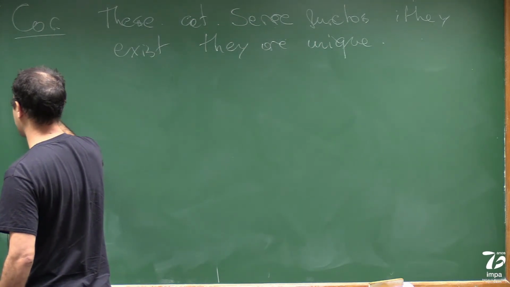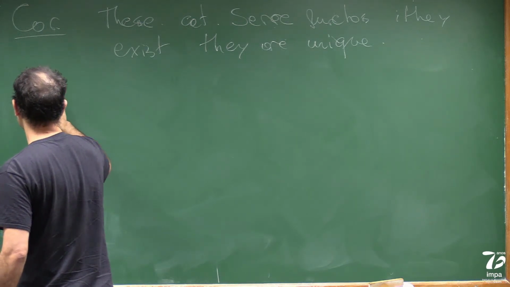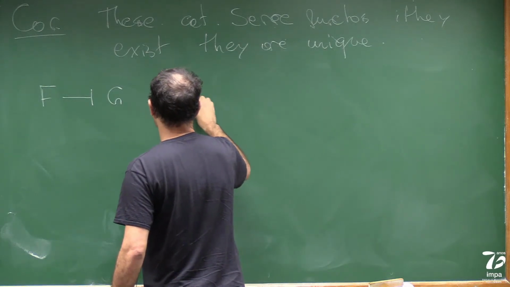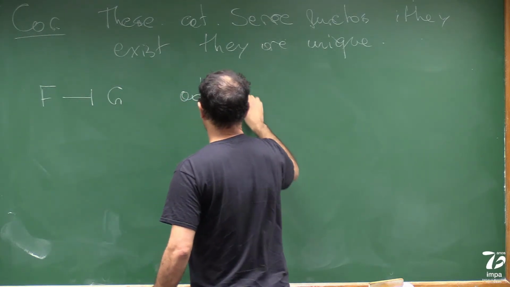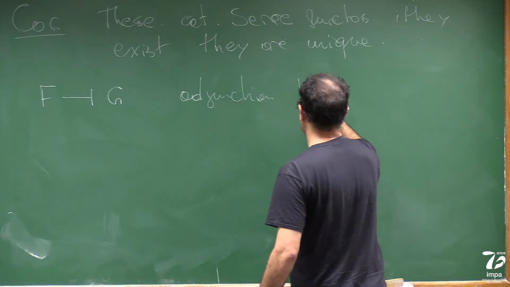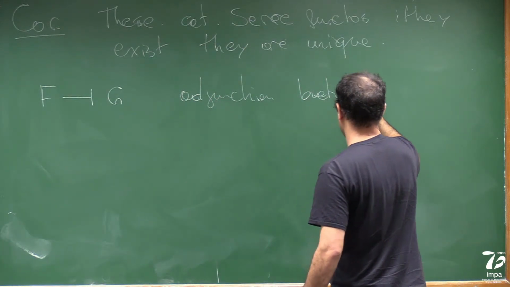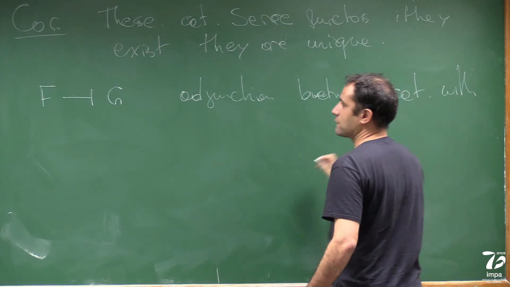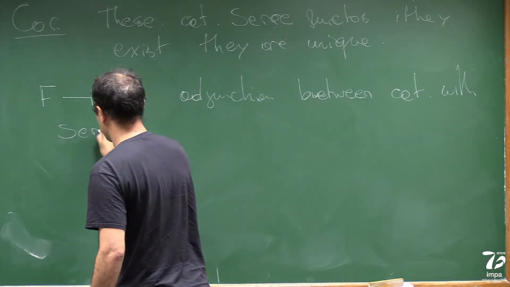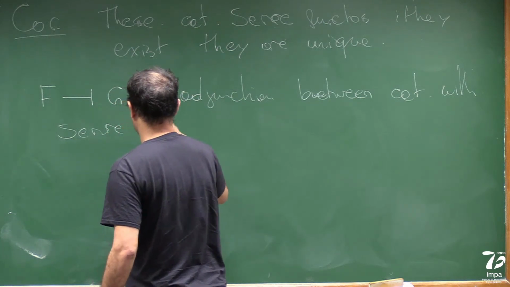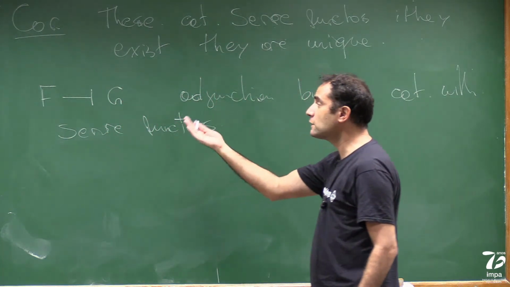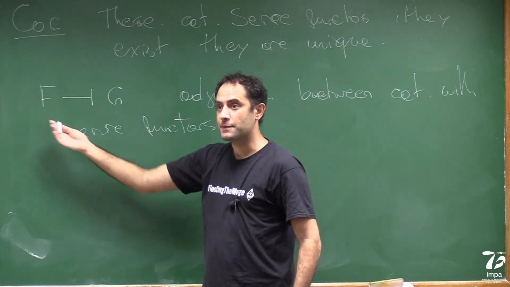Let's suppose that we have categories with Serre functors now, and let's suppose that we have an adjunction between categories with Serre functors. So I have a functor and I have its left adjoint.